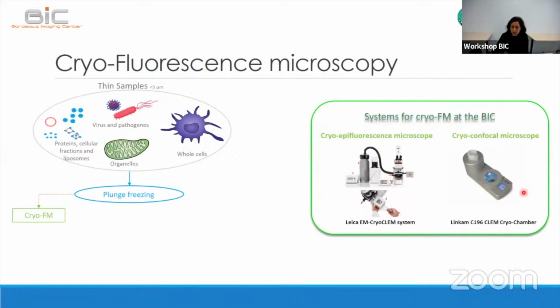We also have a Linkam CLEM cryo chamber that can be adapted to any kind of inverted microscope. For example at the Pole Vegetal, they have a confocal microscope equipped with an Airyscan detector, so we have very high resolution imaging.